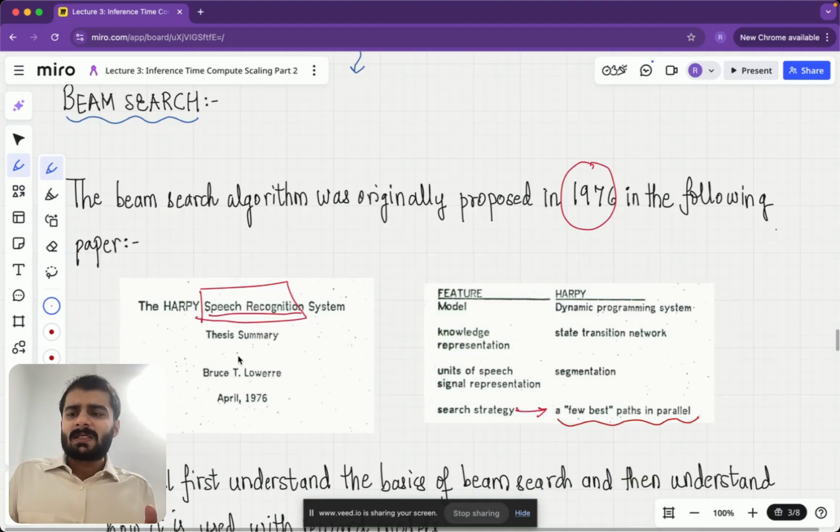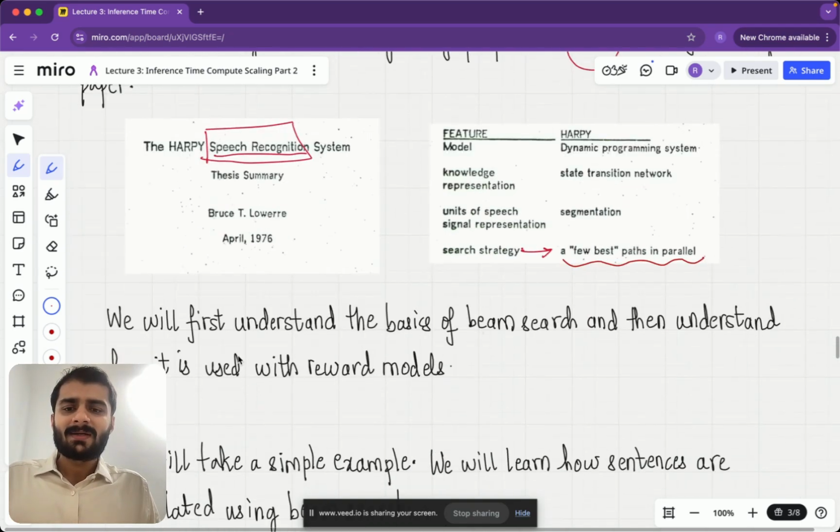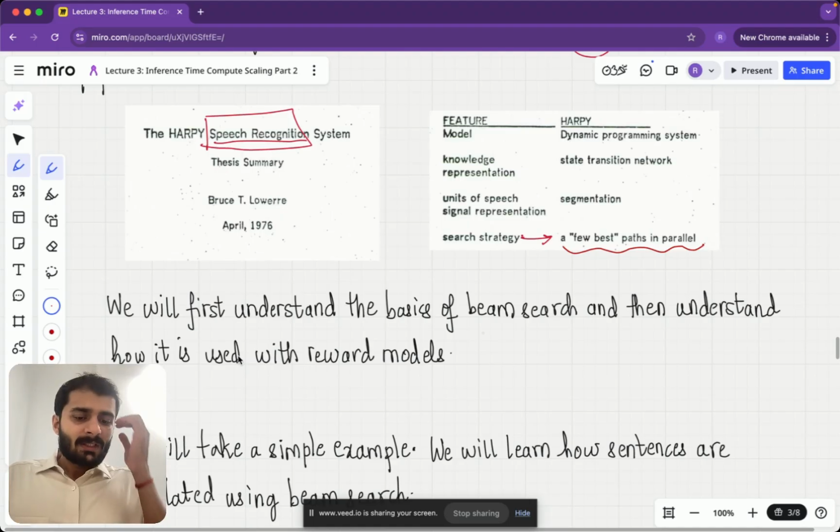So, why are we discussing beam search in this course on reasoning models, and particularly how can we construct an effective verifier using the algorithm of beam search? So let's look at that in detail. First, we will understand how the traditional beam search algorithm works, so that your intuition is developed, and then we will apply that algorithm to construct a verifier which is very effective.